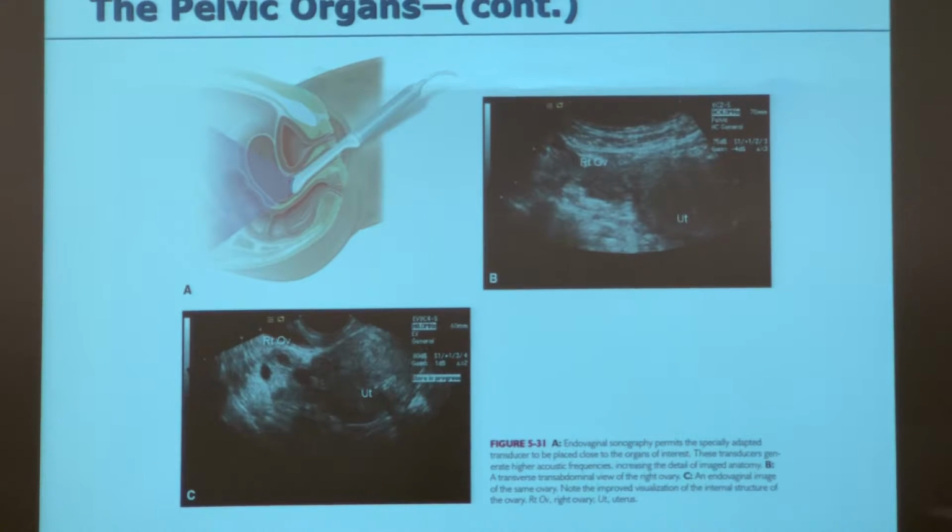They secure them because the suspensory ligament is going to be too mobile. So they take the ovarian ligament and tie that to the pelvic sidewall also. So the ovary is on the pelvic sidewall.